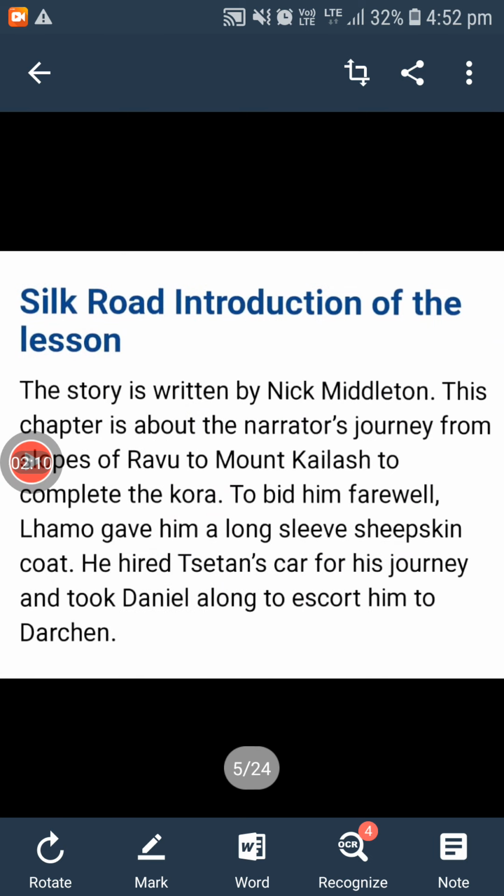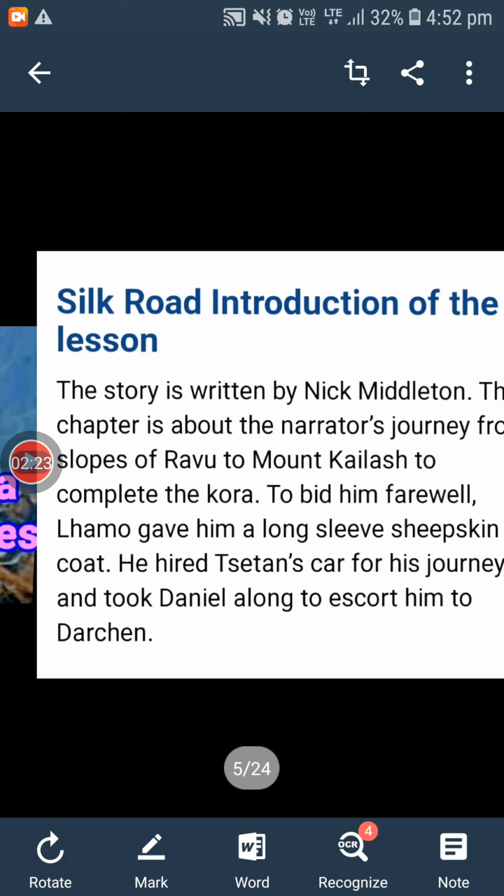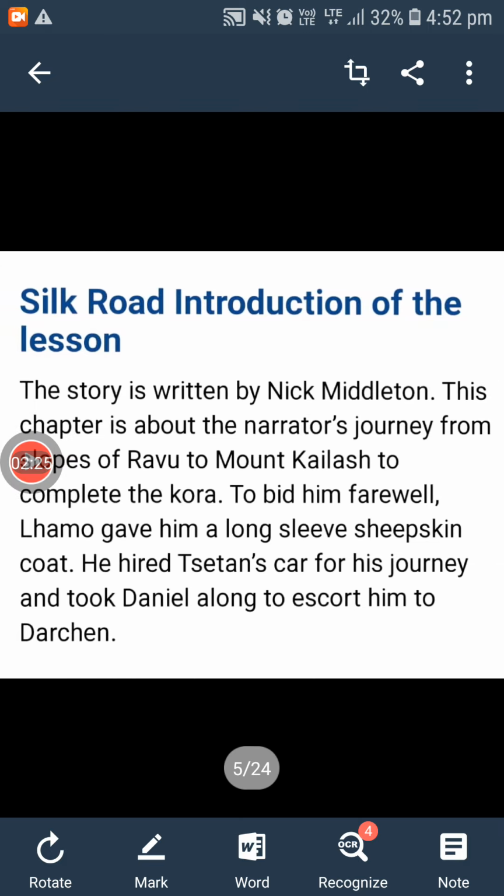Now the introduction of the lesson. So the story is written by Nick Middleton, and this chapter is about the narrator's journey from the slopes of Revu to Mount Kailash to complete the Kora. To bid him farewell, Lamo gave him a long-sleeved sheepskin coat.